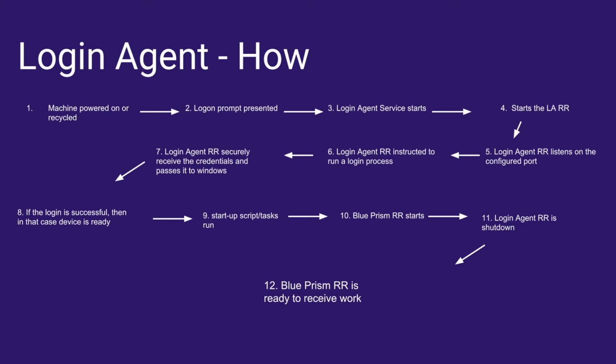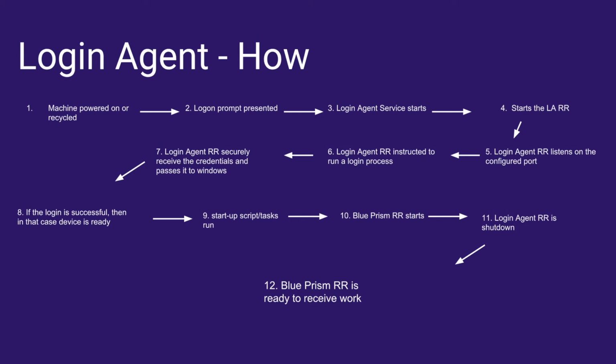The next step the login agent will do is retrieve the credential for that user, depending on the process and depending upon the machine on which we run the login process. It will retrieve the credential from the credential manager in Blue Prism, and then it will try to log in. On successful login, as per the default setting, it will kick off the Blue Prism runtime resource startup scripts.